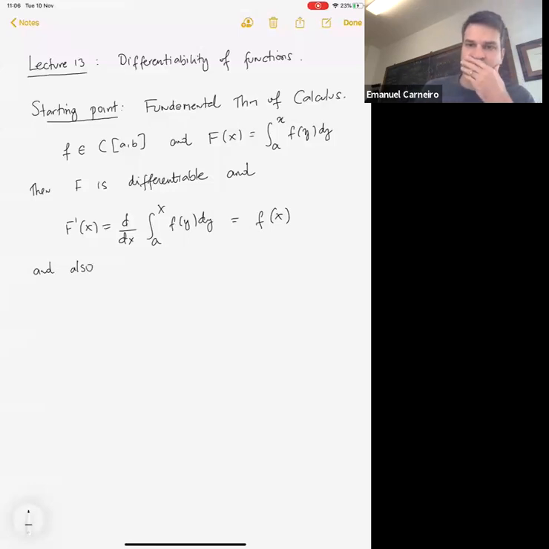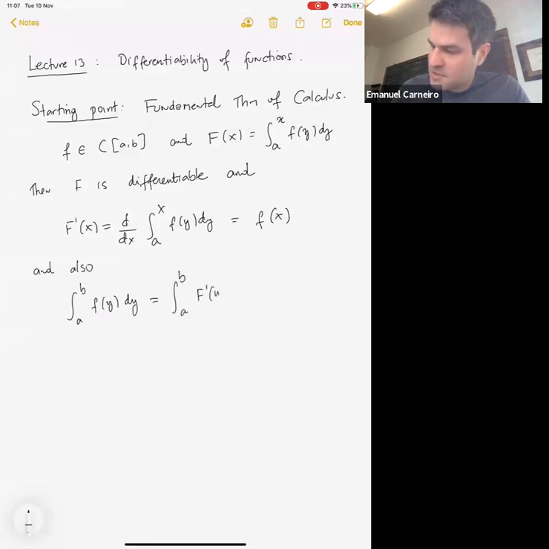But also you have this thing, that the integral from a to b of f(y) dy is the integral from a to b of this F prime of y dy, and this is F of b minus F of a.